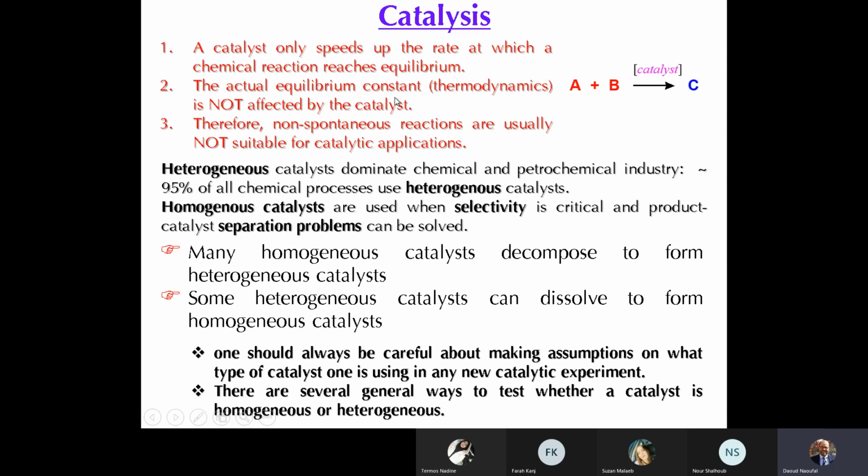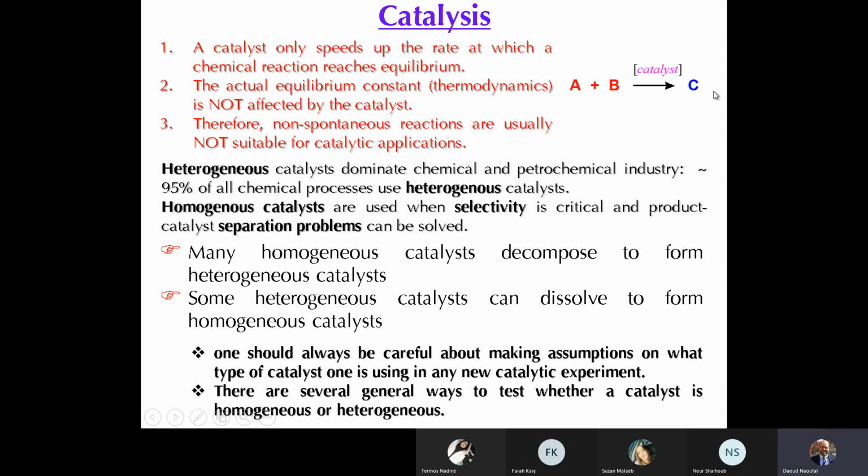So the equilibrium constant of a reaction is not affected by the addition of the catalyst. A catalyst will define a certain pathway to pass from A plus B to C.